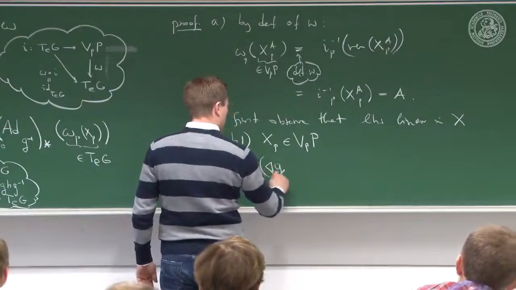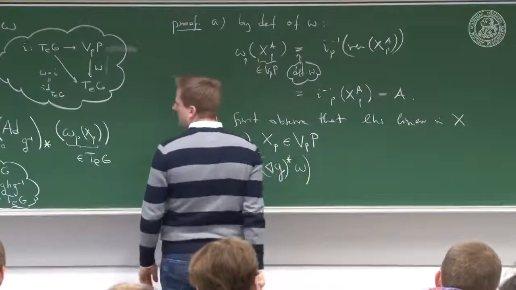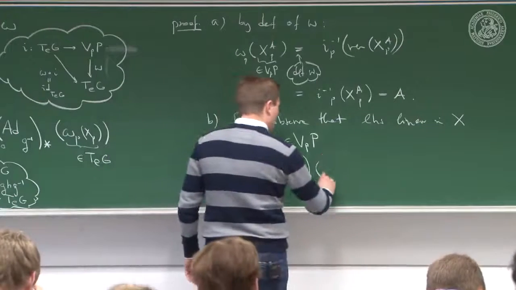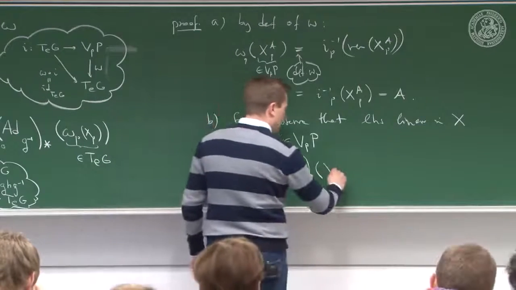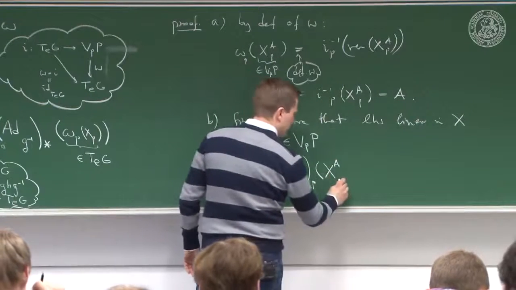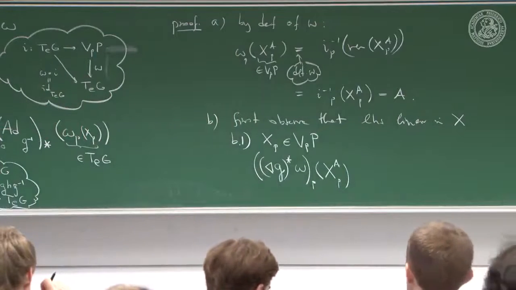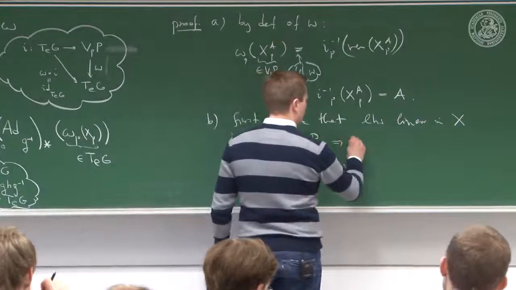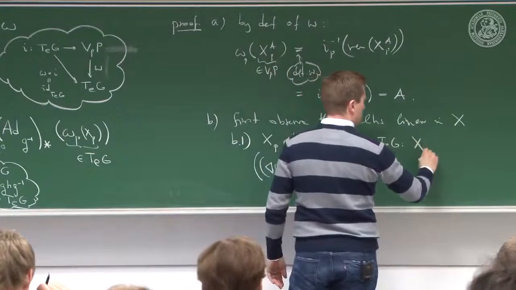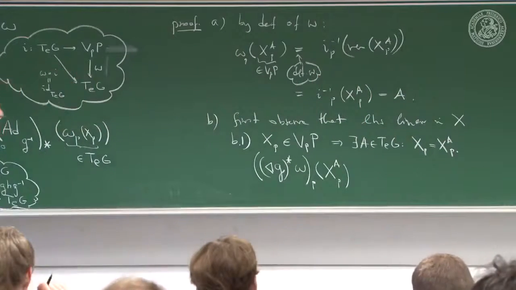We take the pullback of the one form omega, and that's supposed then to be a one form at P, and we act on a vertical one, but then we can always generate this vertical one from a Lie algebra element A. So if this is in here, then there exists an A in T_eG such that X is XA_P. If it's vertical, we represent it like this.